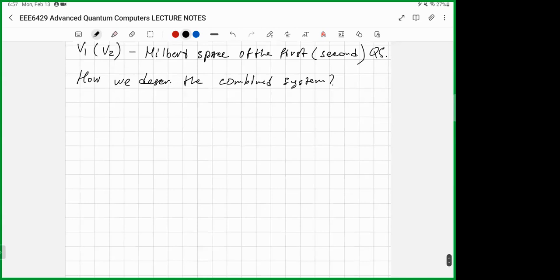First of all, let's talk about the space. The new space of the combined system is the tensor product of the first and the second one. This is the definition of tensor product.